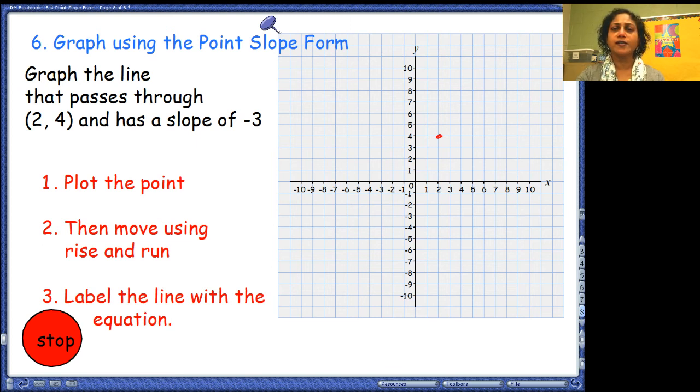The rise is -3, so 1, 2, 3, and over 1, so that's my next ordered pair, and then 1, 2, 3 over 1, and a few on the other side as well. And that is enough for us to draw the line. Make sure when you're drawing the line you have, I'm doing my best here, it doesn't quite seem to be working.